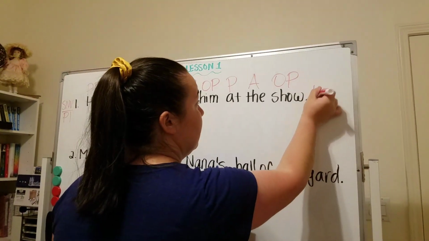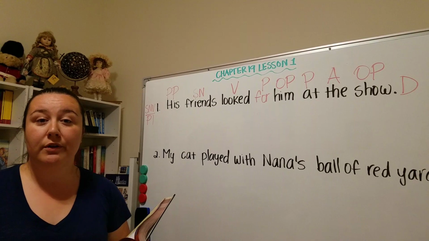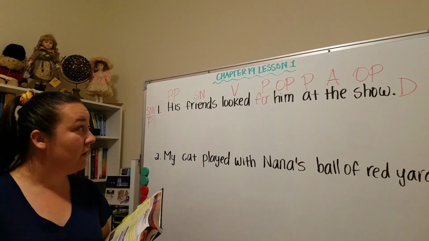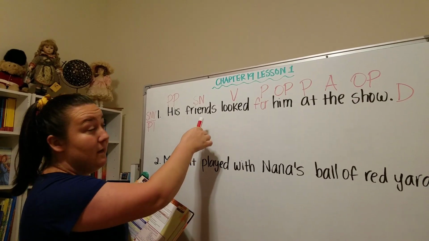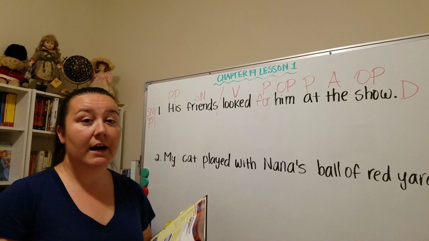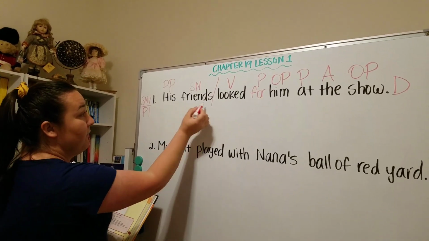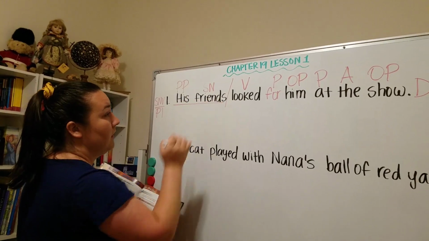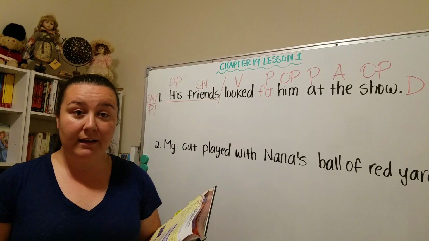Where should I put the forward slash? The forward slash will go between friends and looked, or subject, noun, and verb. What do I underline once for complete subject? His friends. What do I underline twice for complete predicate?